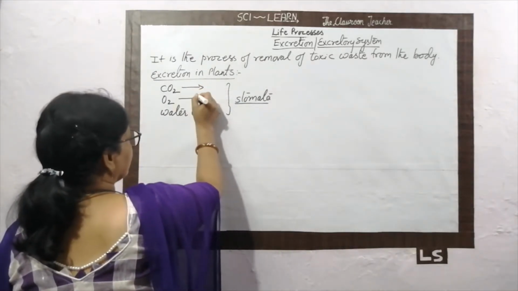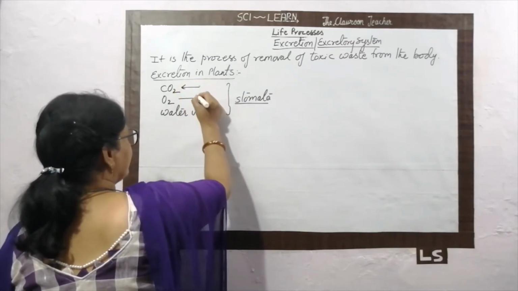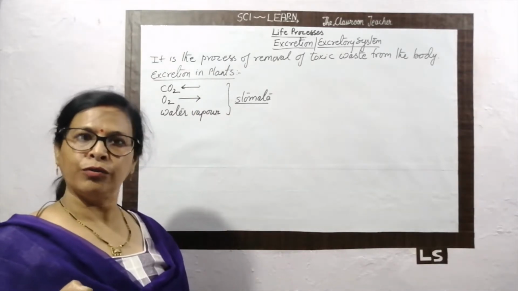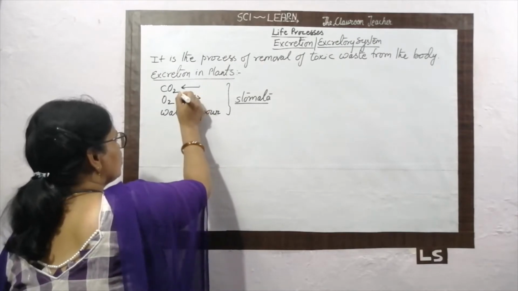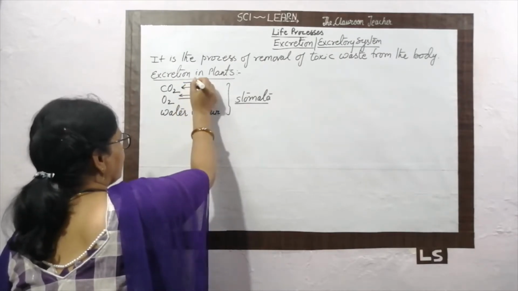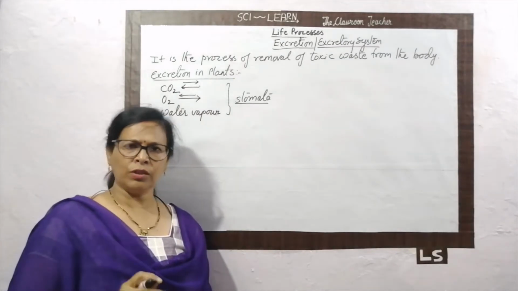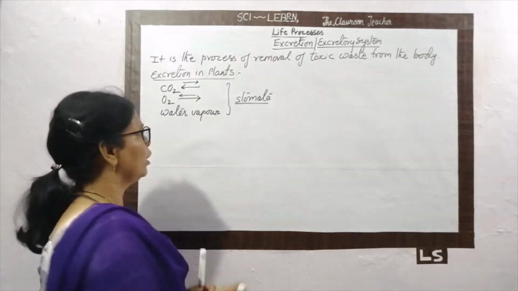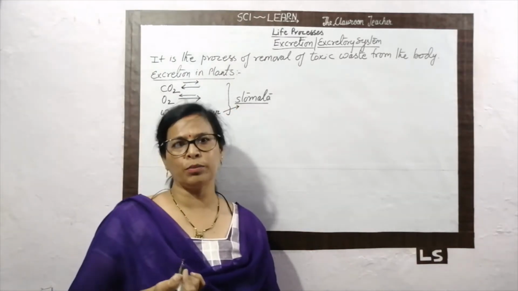Carbon dioxide enters, and oxygen is released out after photosynthesis. Oxygen is used for respiration, and carbon dioxide is released out with the help of the stomata only. But plants do not need any special organ system for this process. Water vapor is also released by the opening of the stomata.